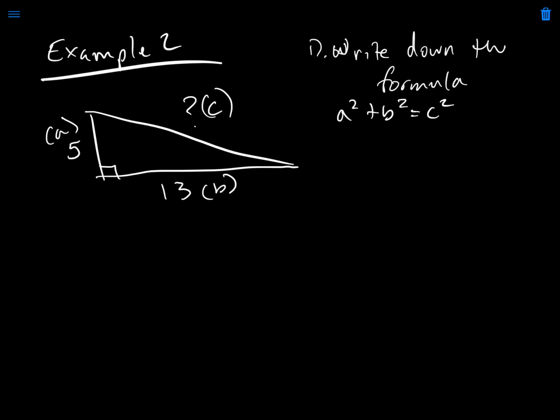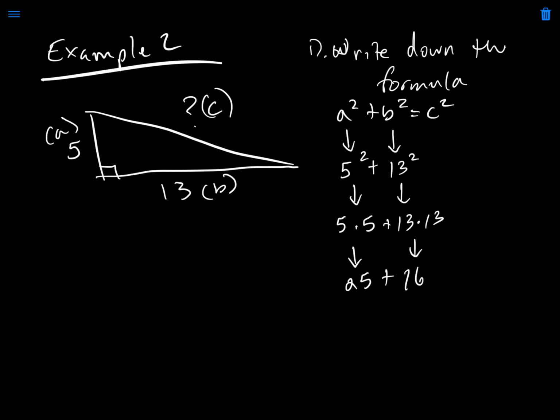I'm trying to figure out what C is. I know A is 5 to the second power, which is 5 times 5, which is, of course, going to be 25. I'm going to do B squared, which is 13 to the second power, which is 13 times 13, which is 169. So 25 plus 169 is 189.